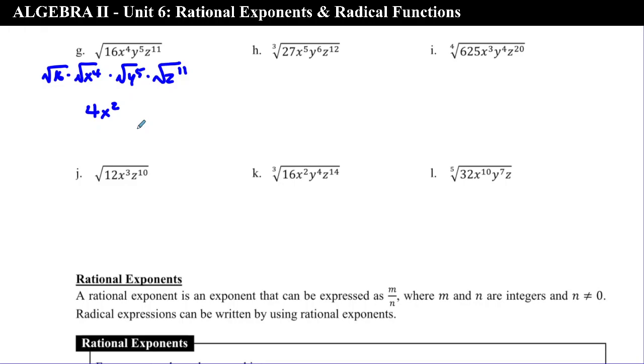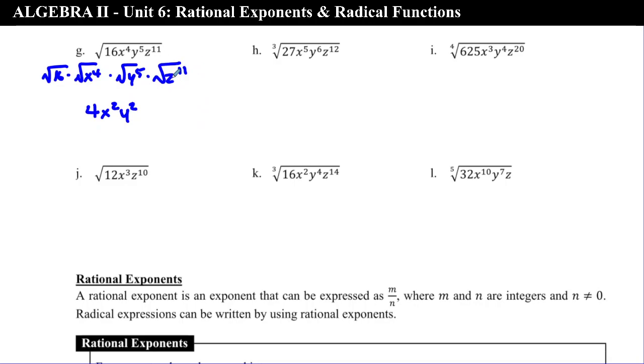Remember going back and doing remainders when you first started division? We're going to use those remainders here. So y to the fifth, when you take the square root of it, we have 5 divided by 2. 5 divided by 2 is 2 with a remainder of 1. So the y squared comes out here, and then we'll have a y left over.